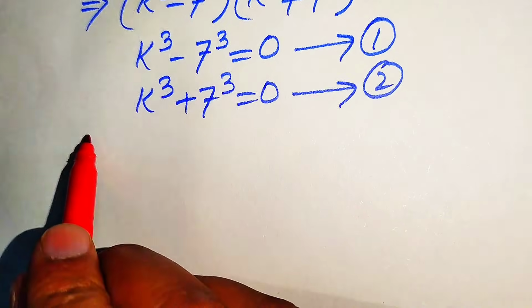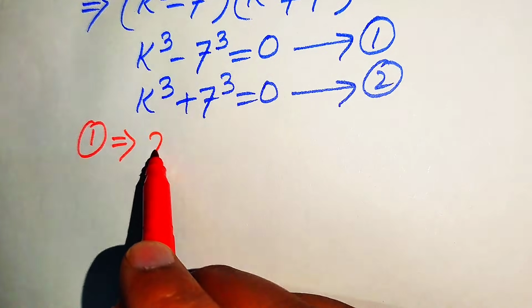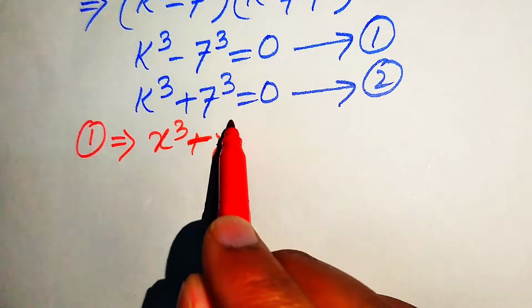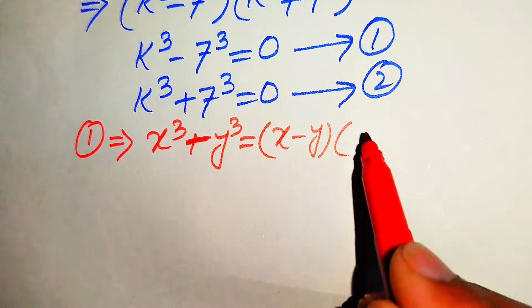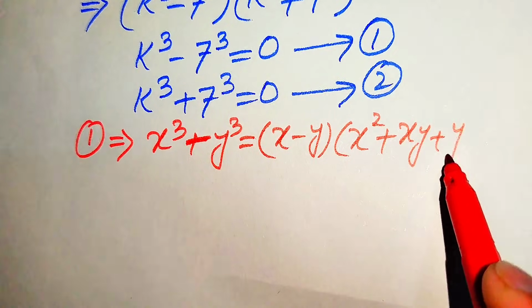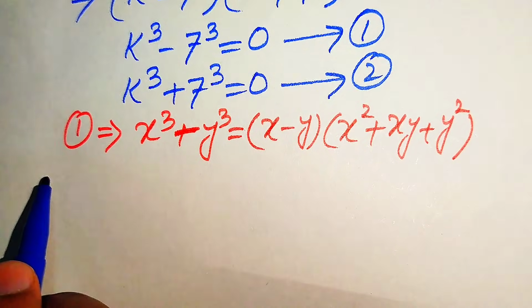In equation number 1 we use this nice formula: if we have x cubed minus y cubed, it is equal to x minus y times x square plus xy plus y square. So in equation number 1 we apply this cubic formula.